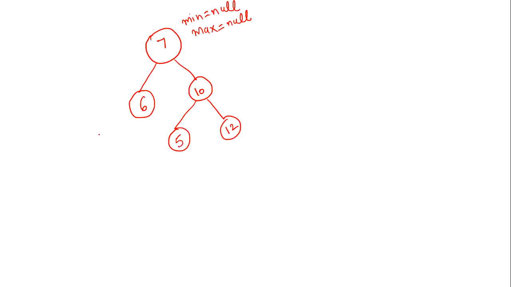So we can conclude that max is going to be 7 for the left node. Min is going to be null itself, because we don't know what min can be. But max is going to be 7 itself, and whatever node is here should be less than this 7. That's why we have updated the value of max as 7 and min as null.